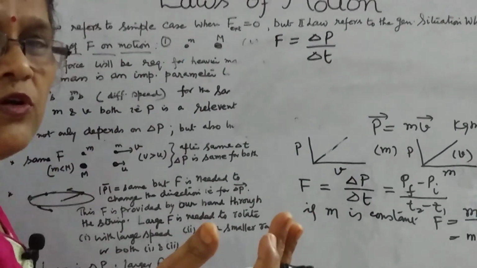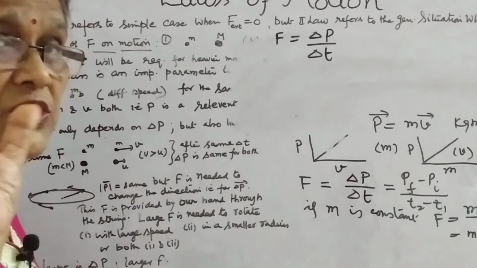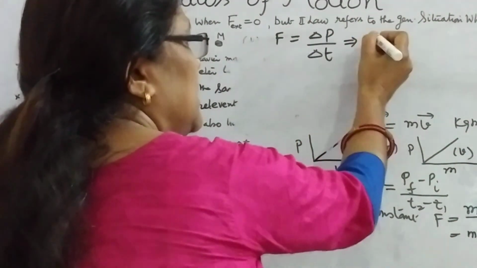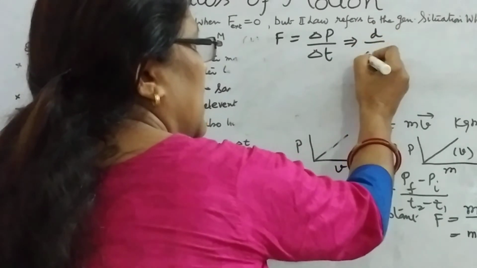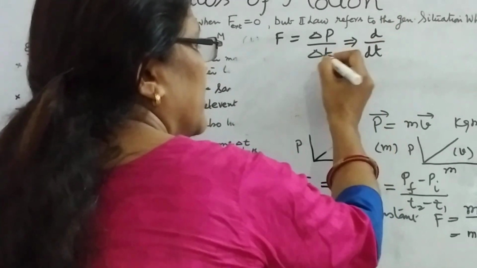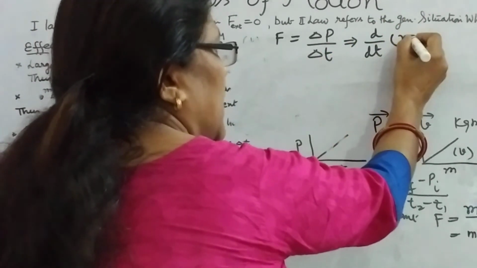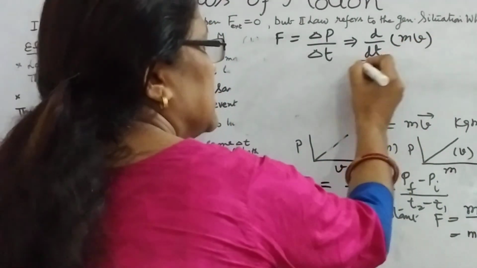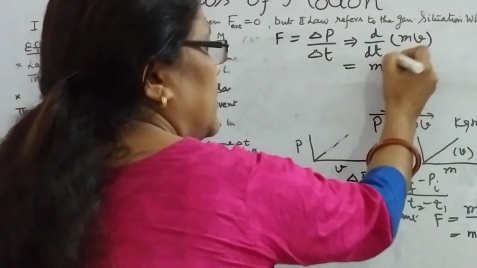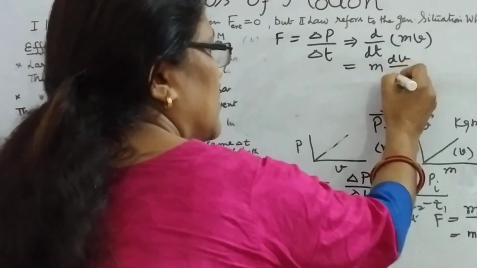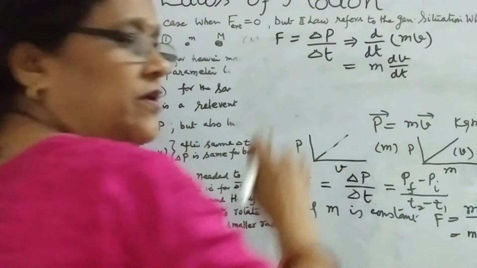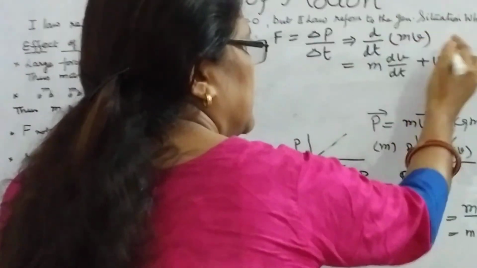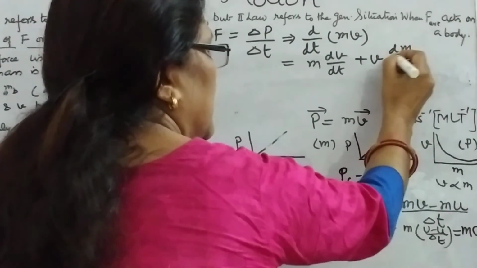Momentum is mass into velocity, and if mass is not constant, then at any instant this can be written as d by dt of momentum, that is mv. How can you write this? As mass into dv by dt, first function into derivative of the second, plus the second, that is v, into the derivative of the first, that is dm upon dt.